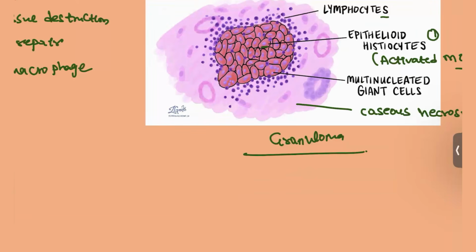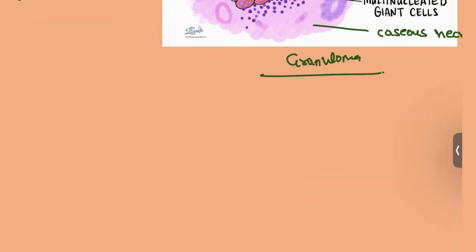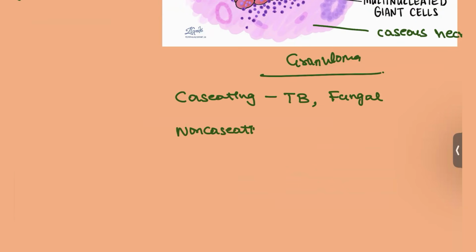Next are some of the examples. The caseating necrosis is seen in tuberculosis and some of the fungal infections like histoplasmosis. How about non-caseating? We think that TB and leprosy belong to the same, but leprosy is seen with the non-caseating granuloma.